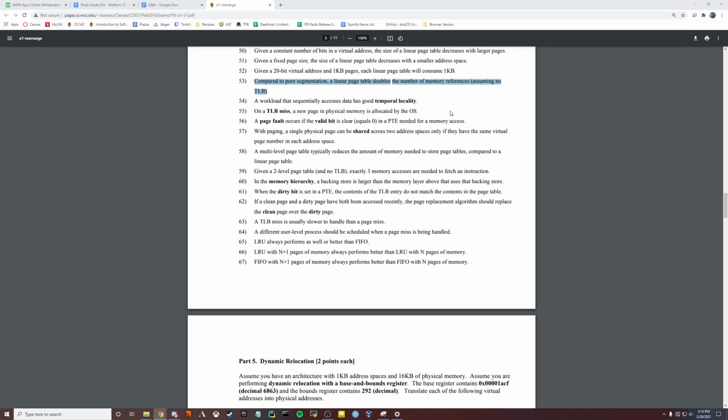I don't know about doubled. What is pure segmentation again? It is when you have segments of memory, and each virtual address space has a base register associated with it, and you use that base with a bounds to figure out your physical address.